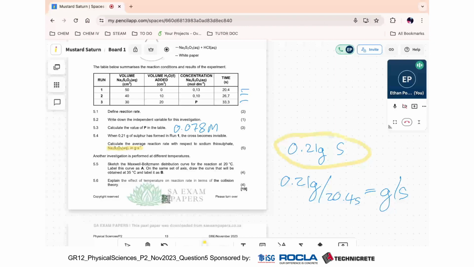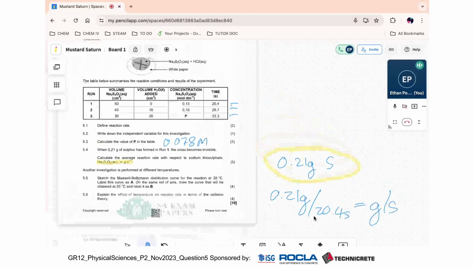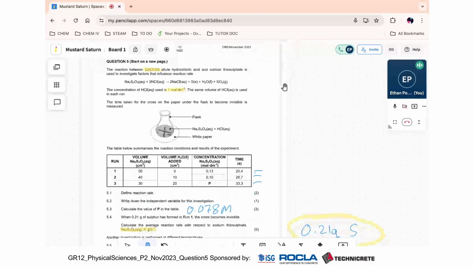So we just need to work back once, and then that same mass would be used up for the different times, and then find the average. So let's work back.